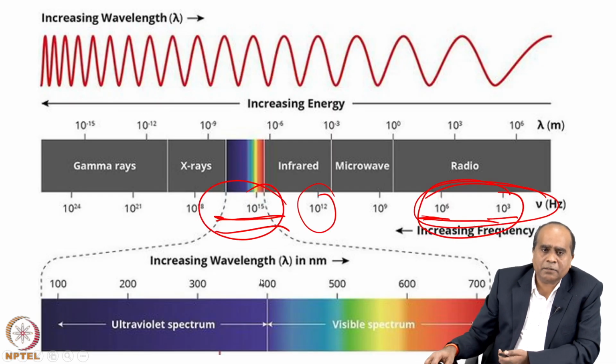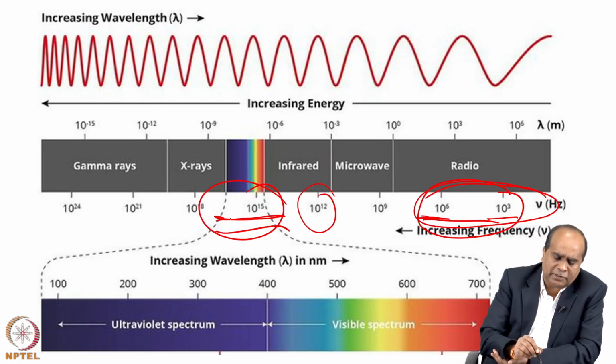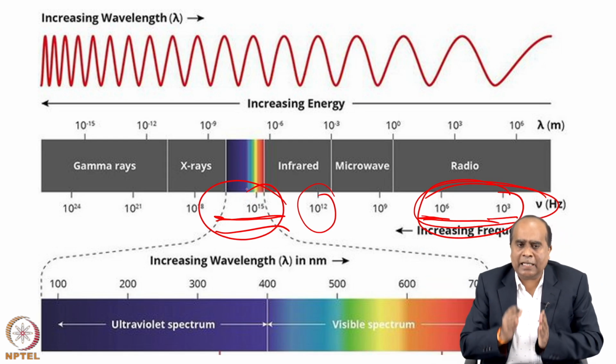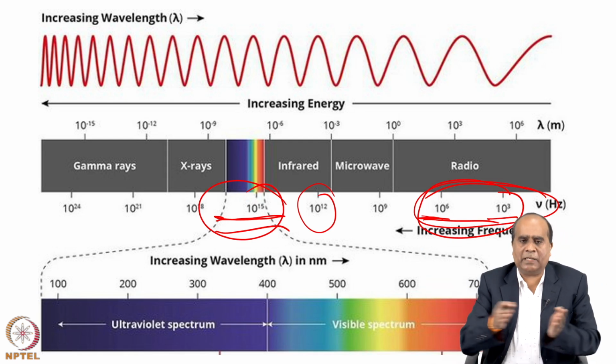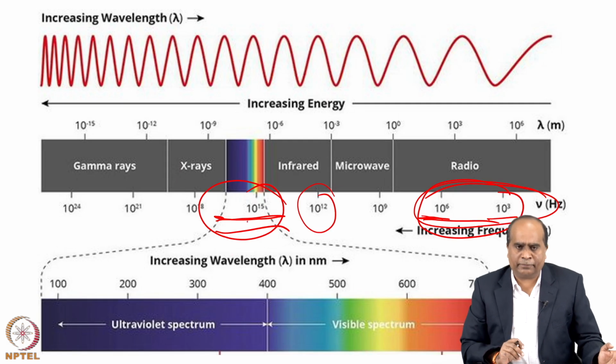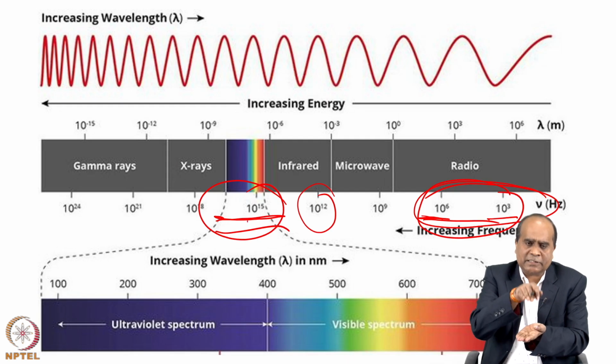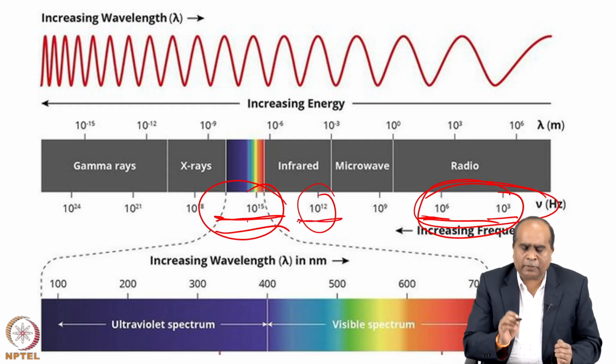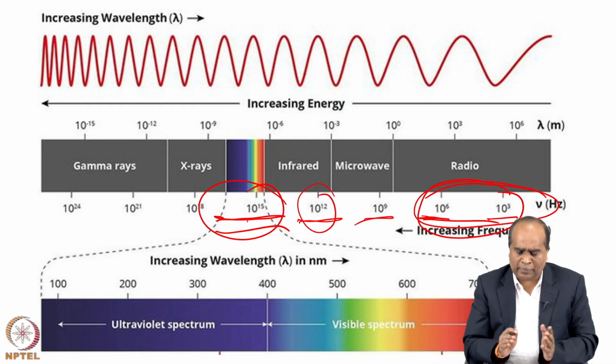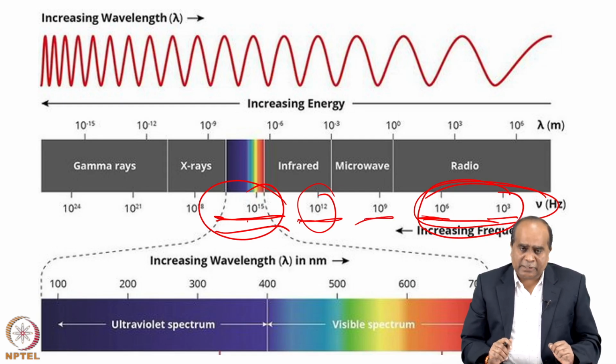Now, going back here, if we want to do electronic spectra, your delta E is larger, therefore h mu, that means mu has to be larger, that is what we have, 10 to the power 15. Then for vibrational spectroscopy, the energy gap is smaller compared to the electronic state, therefore mu required is 10 to the power 12, and then microwave, 10 to the power 9, is for rotational spectroscopy.